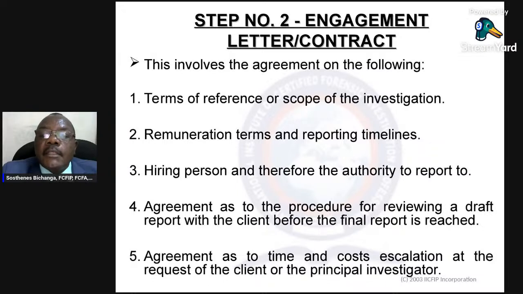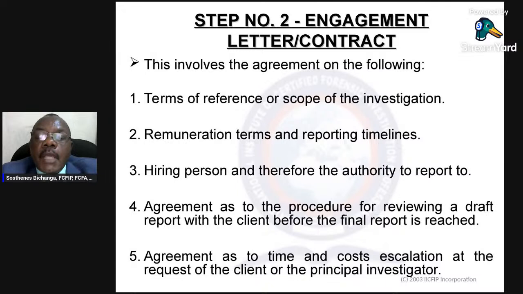If they want anything, if they have any challenges, they will channel their queries and challenges through the CEO. And this must be clearly indicated in the engagement letter.